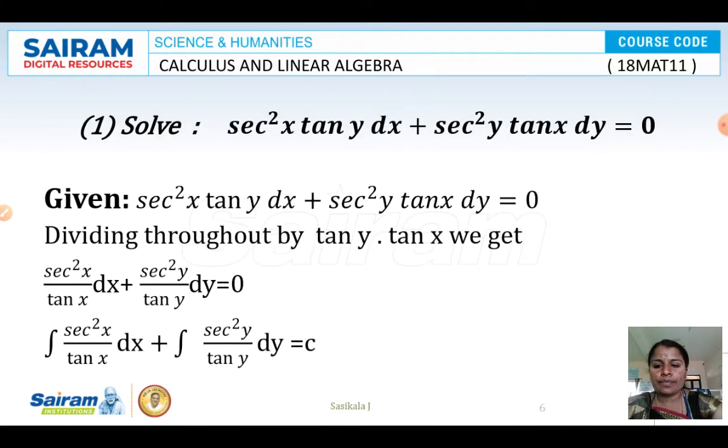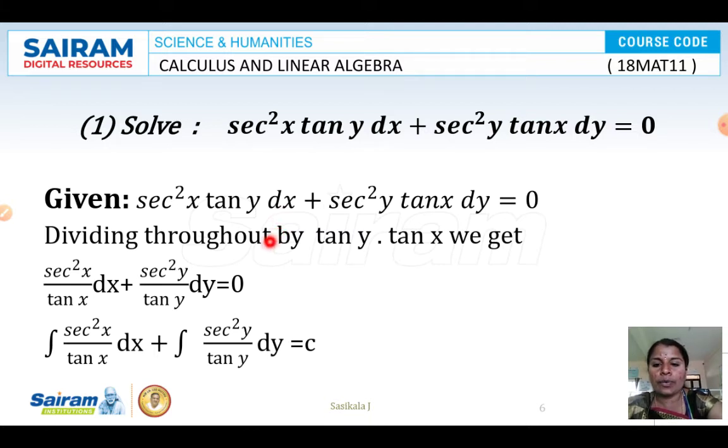Now we will see one example: secant squared x tan y dx plus secant squared y tan x dy equals 0. When you want to apply the variable separable method, dx is integrated with respect to x, meaning the coefficient must be in terms of x only.